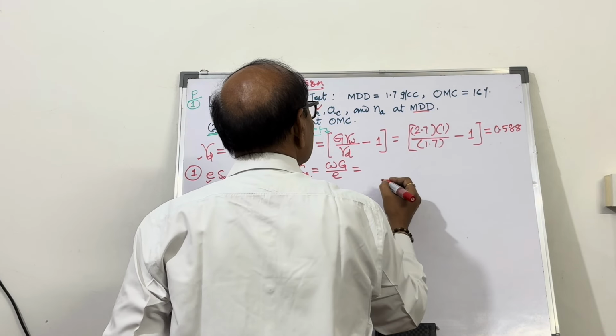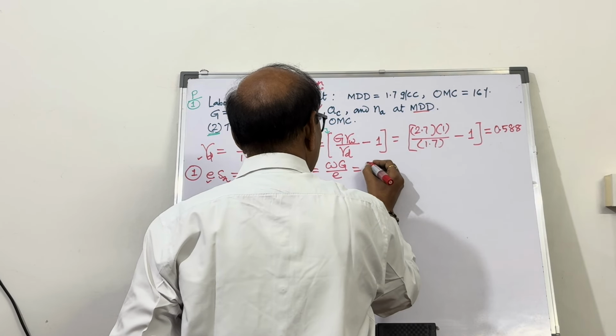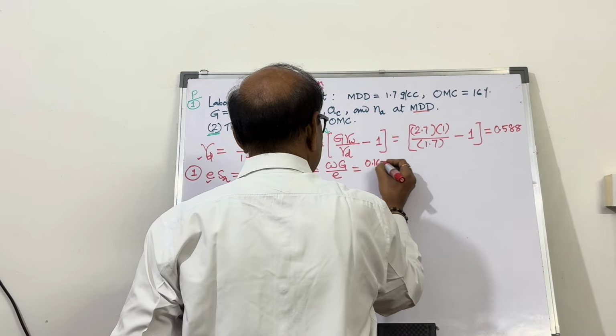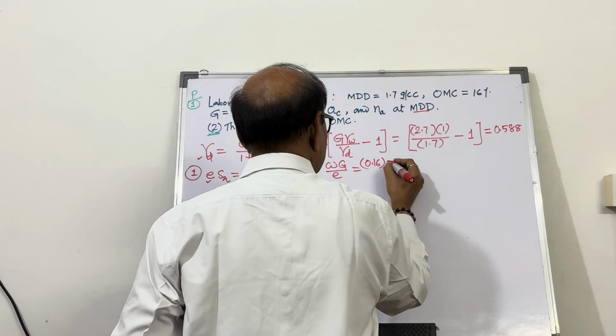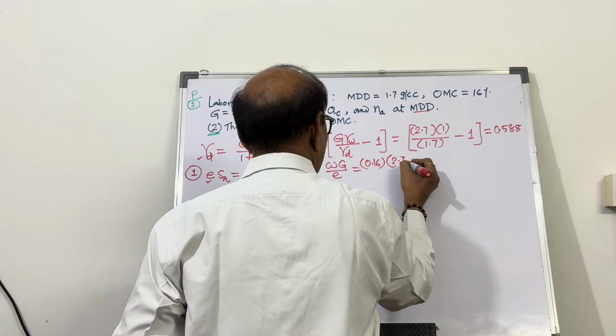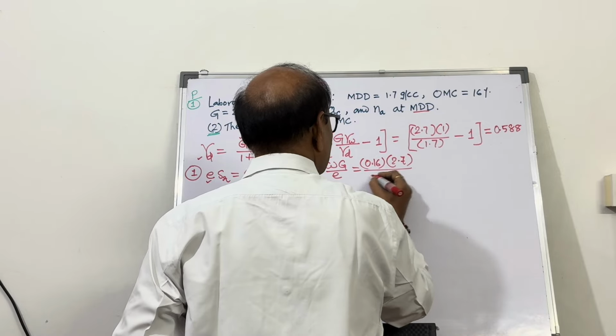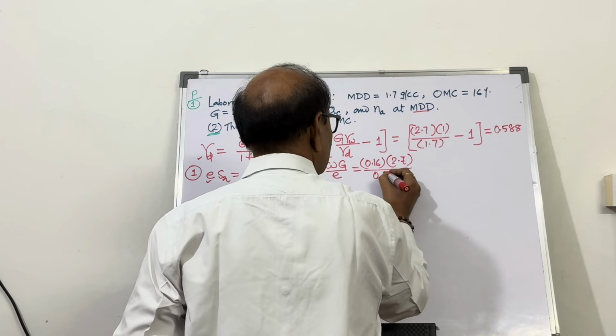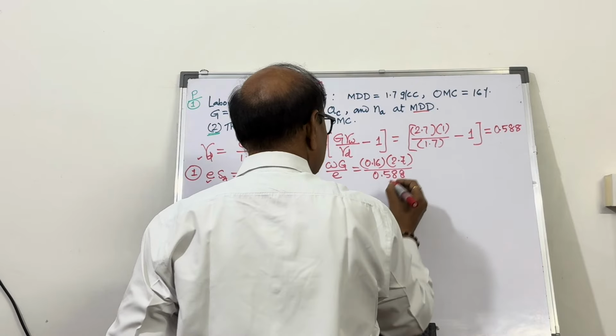So the optimum moisture content is going to be 16%, 0.16 into 2.7, and e we have found out as 0.588.